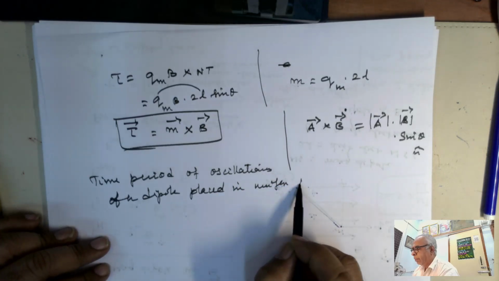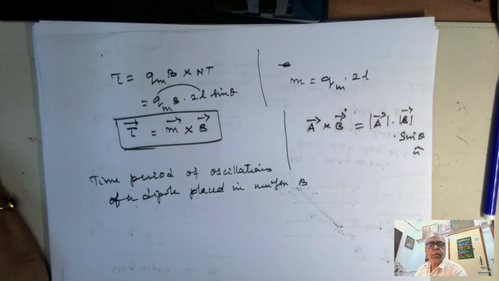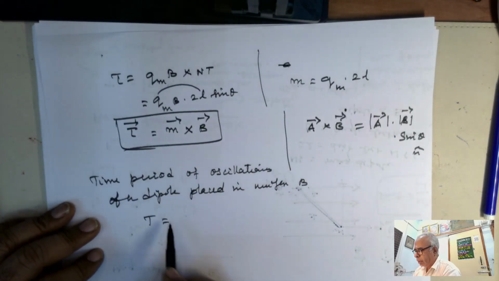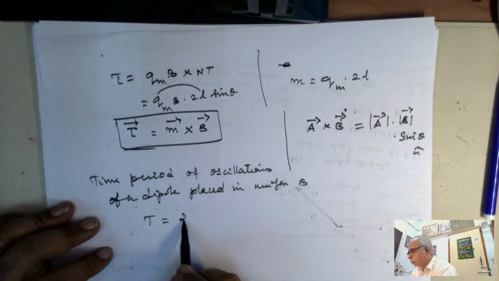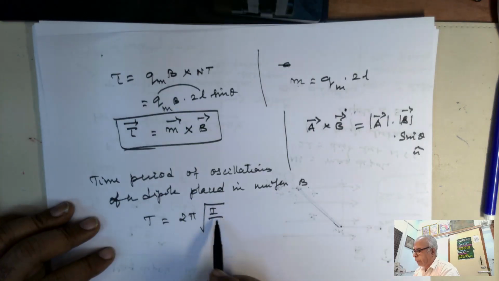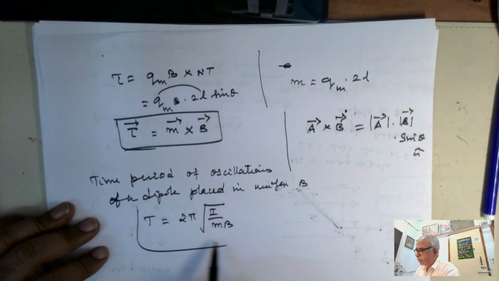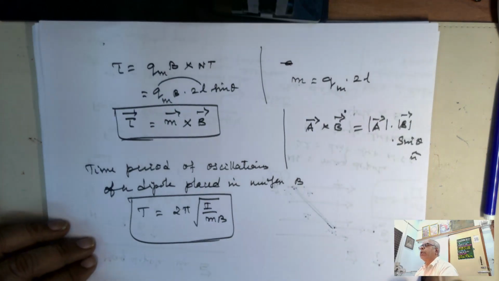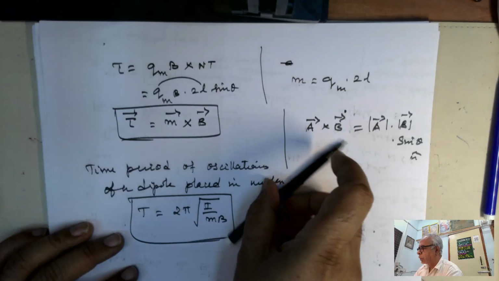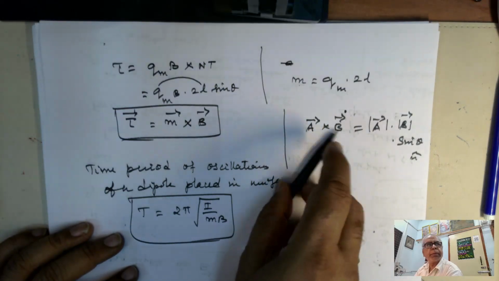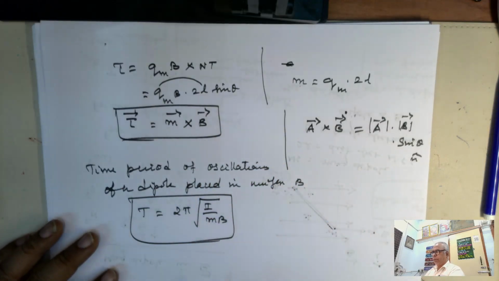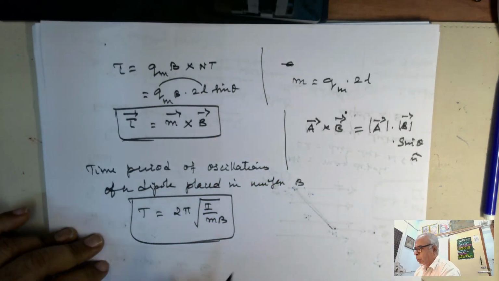It is given by T is equal to 2 pi into the whole square root of I divided by MB. So this is the time of oscillation of the dipole. For example, when you keep it like this, it will oscillate like this. So we are talking about this time period of this oscillation when it is kept in a magnetic field which is available uniformly.